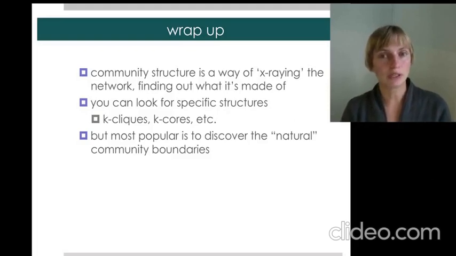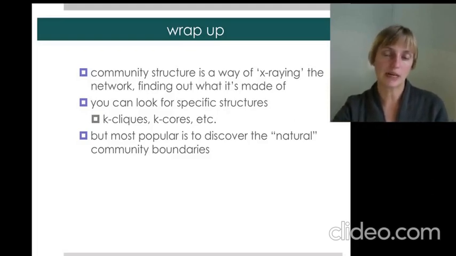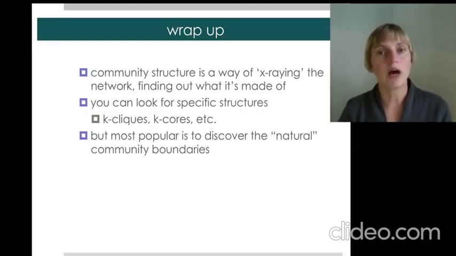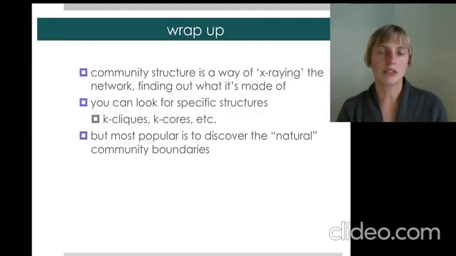So what we talked about most recently, and what's been popular definitely in the past 10 years or so, is looking for more organic approaches which let the community structure show itself to you.